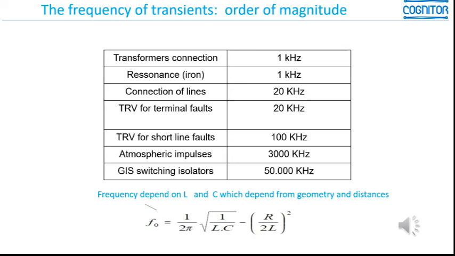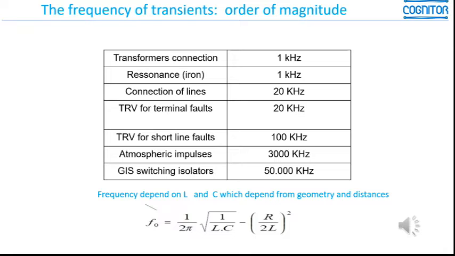The waves related to switching impulses and normal operations in the line have very high frequency transients. Here are some examples of the frequency of these transients. In the connection of transformers to the network, we have transients around 1 kilohertz. In the phenomenon of ferroresonance, we also have something like 1 kilohertz.